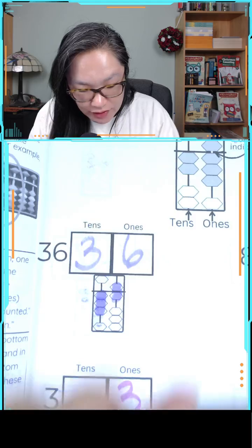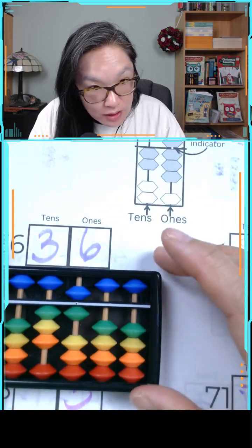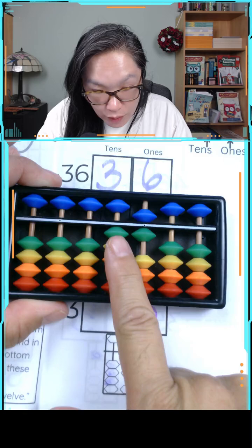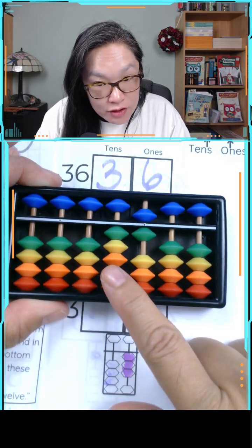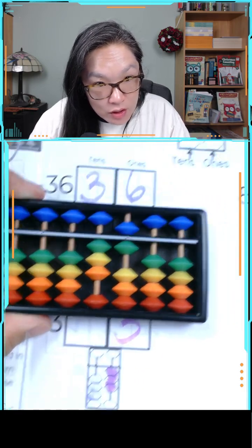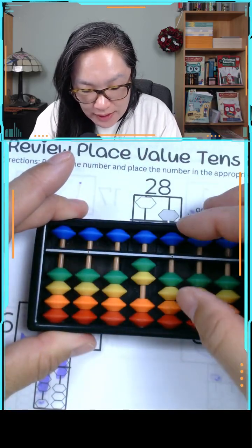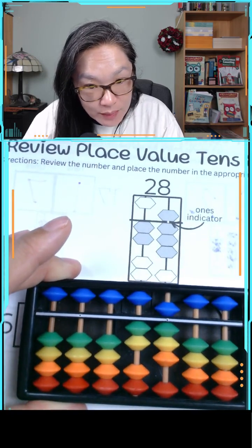So this is actually 36. On the abacus, we have 30 and 6. You'll notice that they're broken up into 30 and 6. Then if we have 28, we have our 2 and we have our 8, and it looks exactly the same as the picture.